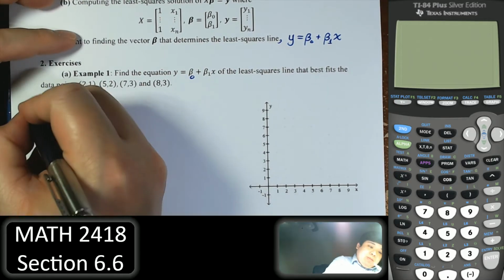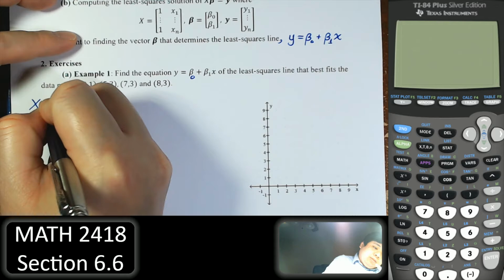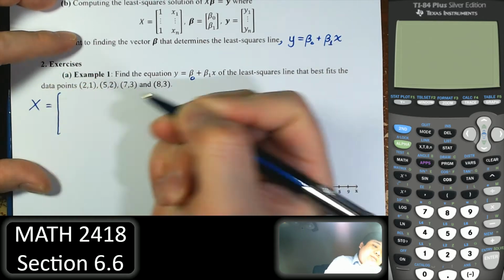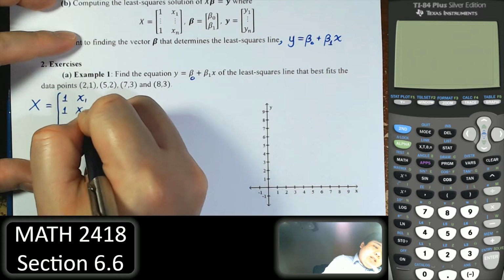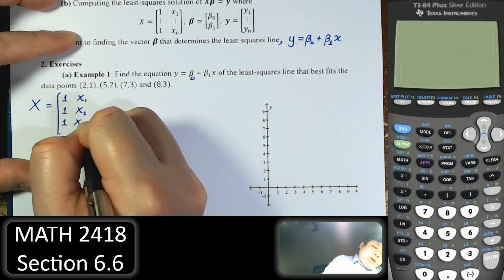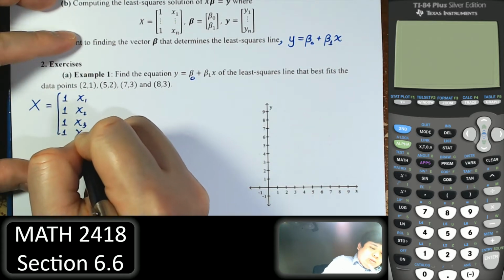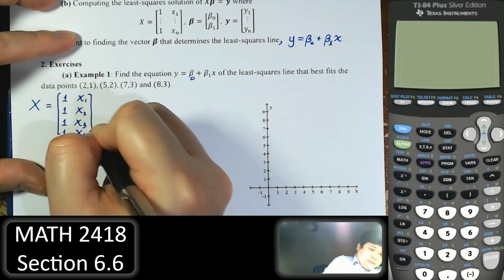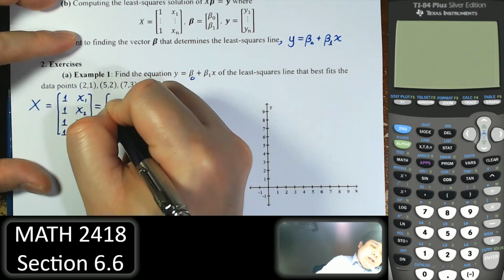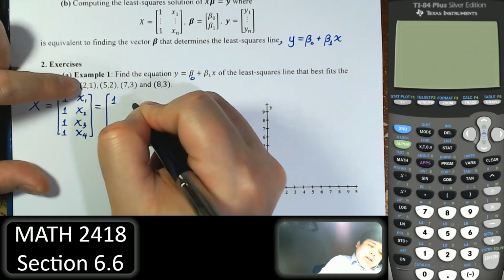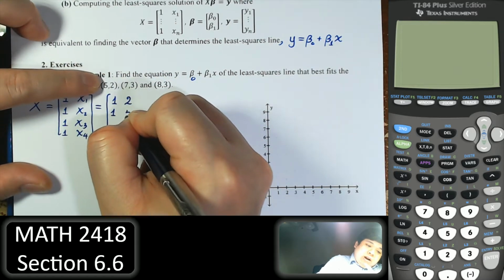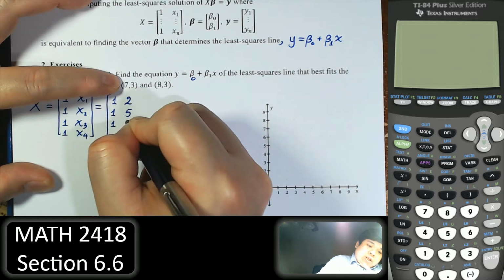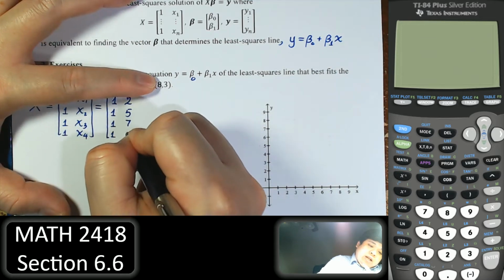So let's set up the matrix X. There are 4 points, so 1 x1, 1 x2, 1 x3, 1 x4, which will be 1, where x1 is 2, x2 is 5, x3 is 7, and x4 is 8, right?